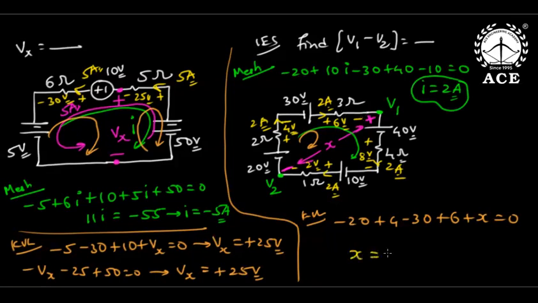So X is 50 minus 10, which is 40 volts. But X is nothing but V1 minus V2, so V1 minus V2 is 40 volts. That is the answer.